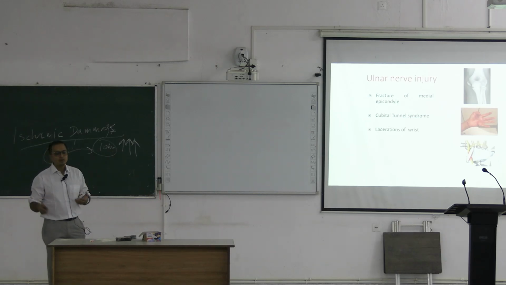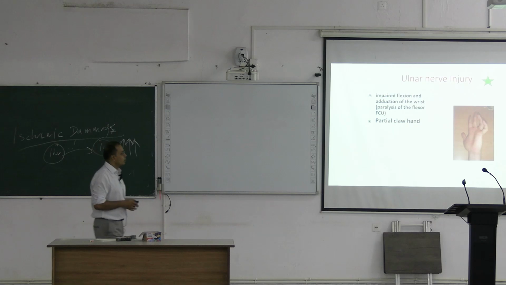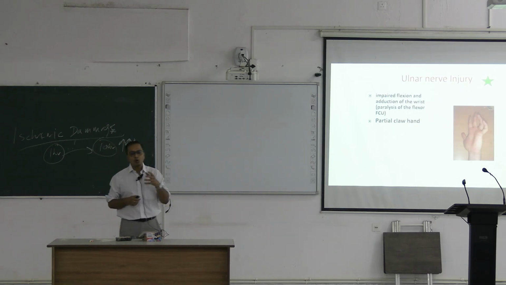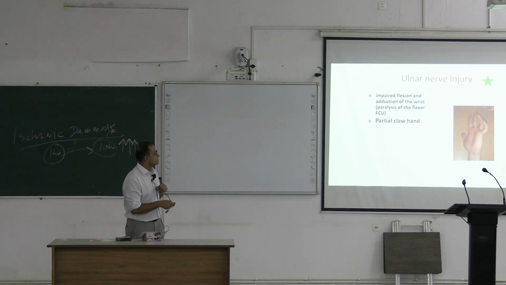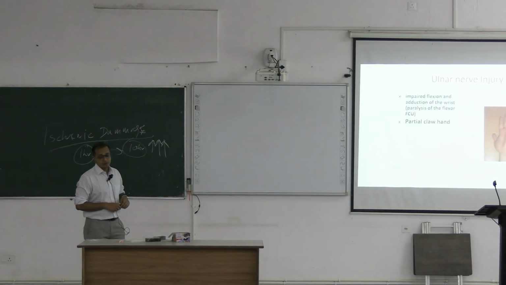If you have ulnar nerve injury, we have the clinical condition we call claw hand. So what is a claw hand? Whenever this individual tries to make a fist, they make a claw because the short finger muscles are not working. This we call a partial claw hand. This injury leads to flexion and adduction problems at the wrist joint region.